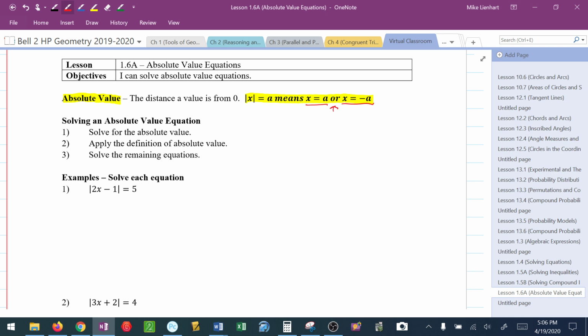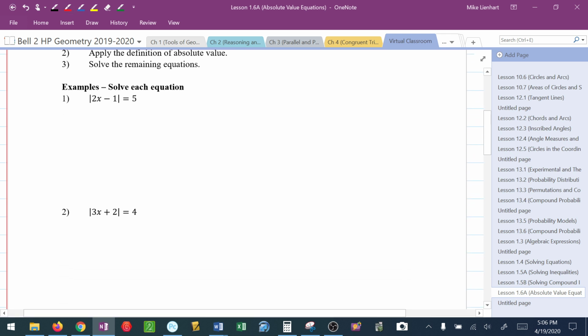Then we're going to apply the definition of absolute value, which means, yes, we have to write an equation: x is equal to a or x is equal to the opposite of a. Then we're going to solve the remaining equations. Yes, equations. There should be two of them. Okay? All right. So let's jump right in here.